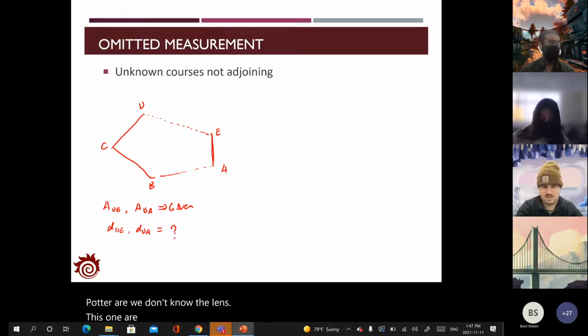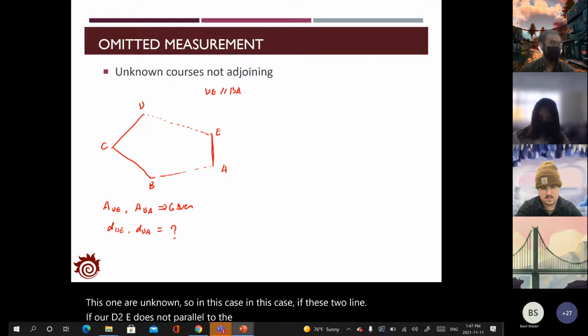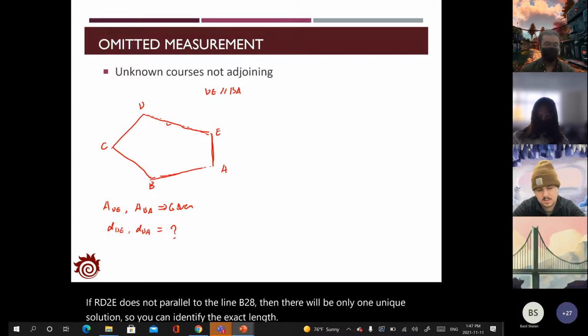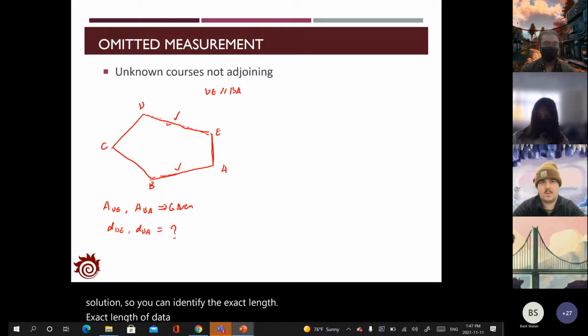So in this case, if D to E is not parallel to the line B to A, then there will be only one unique solution, so you can identify the exact lengths of D to E and B to A.